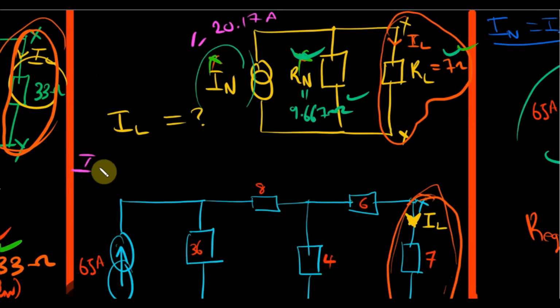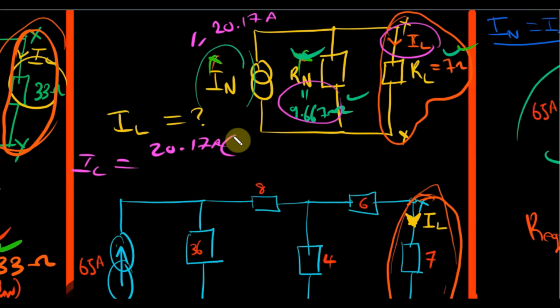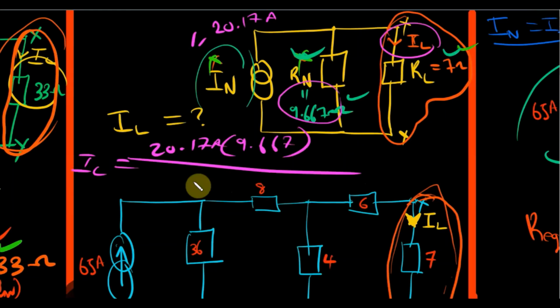So IL is equal to 20.17 amps multiplied by, since we're interested in IL, the resistance that we are not interested in, 9.667, divided by the total of the two resistors, 9.667 plus 7.